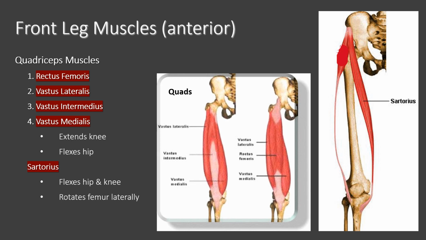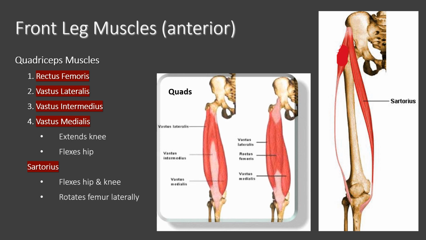The vastus lateralis, lateral means outside, so the vastus lateralis is on the outside of the thigh, and the vastus medialis is on the inside of the thigh. The rectus femoris extends the knee and flexes the hip, and the vastus lateralis, vastus intermedius and vastus medialis help it do that as well. But their main job is to extend the knee.